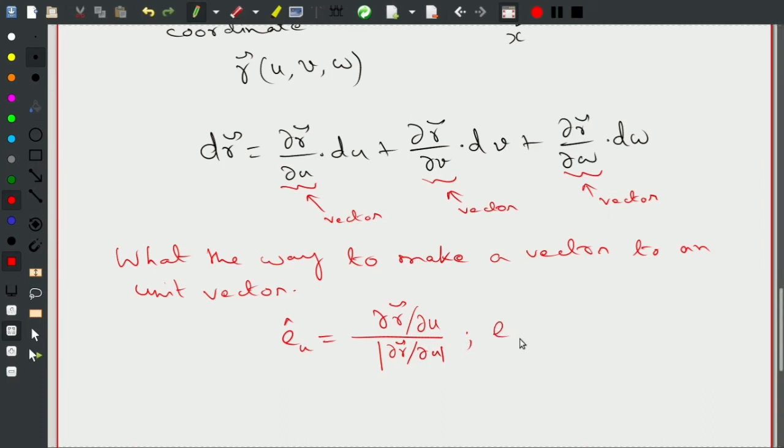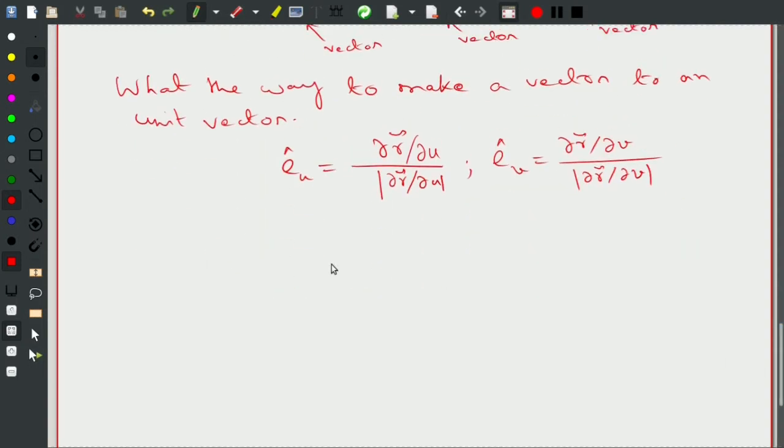Similarly, we can form the unit vectors for the v and w coordinates. So e of v vector equals dou r vector by dou v divided by modulus of dou r vector by dou v, and e of w cap equals dou r vector by dou w divided by modulus of dou r by dou w.